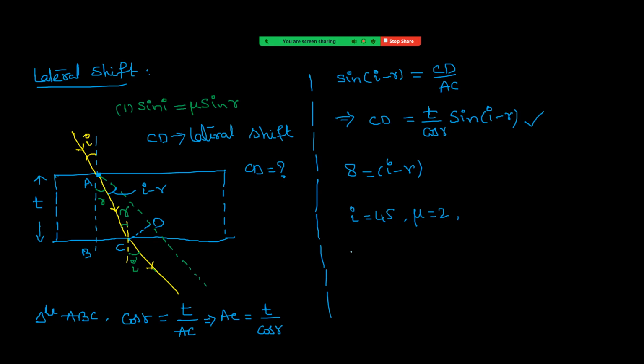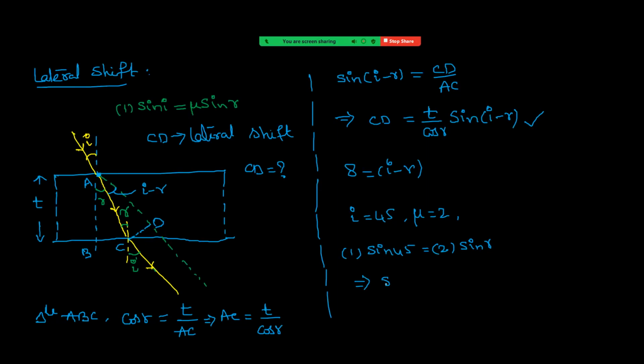So I can write mu 1, that is 1, sin I, sin 45, that is equal to mu 2 sin R, right? From this we are going to get the value of sin R. Sin 45 is 1 by root 2.